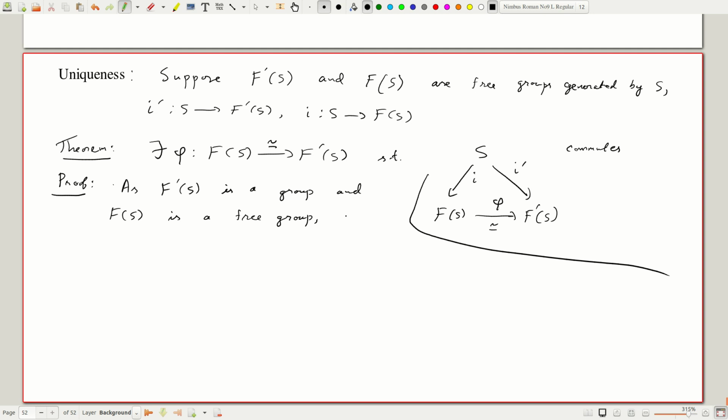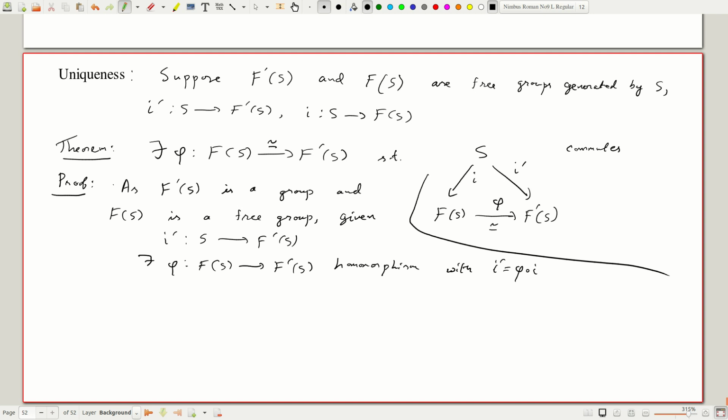We are given I prime, a map from S to F prime of S. There exists phi mapping F of S to F prime of S, a homomorphism, such that phi composed with I is I prime.